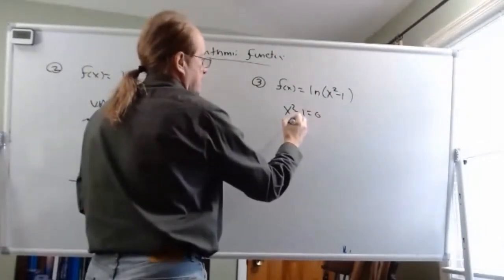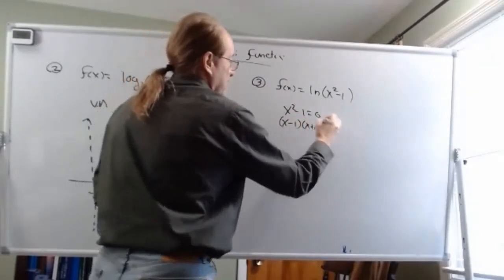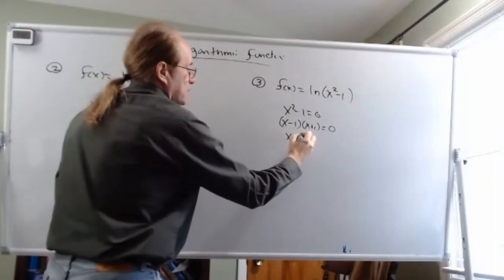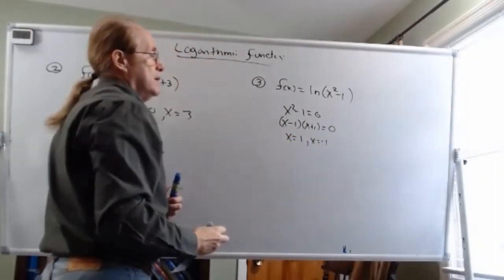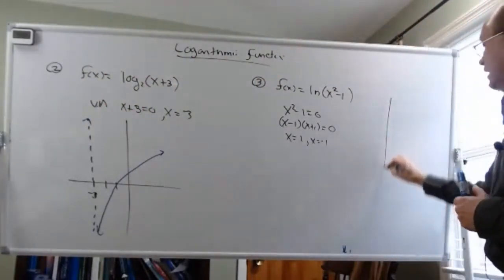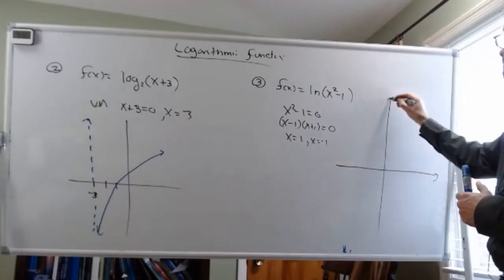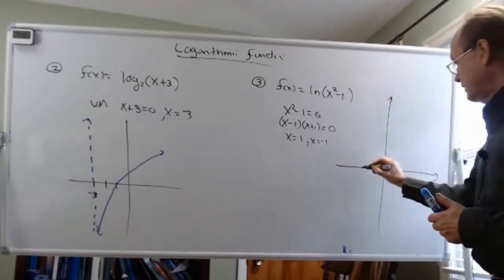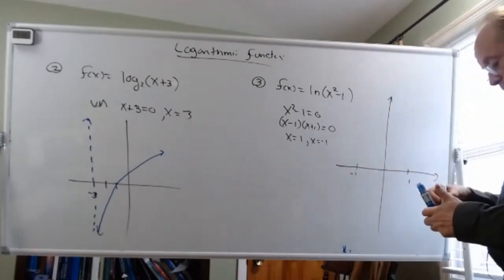And I could factor this. Gives me two values, 1 and -1. So when I look at the graph of this, I now have two vertical asymptotes. I come over here at -1 and over here at +1.